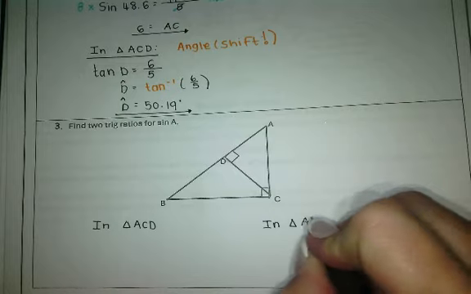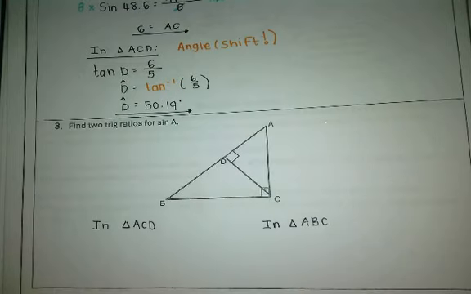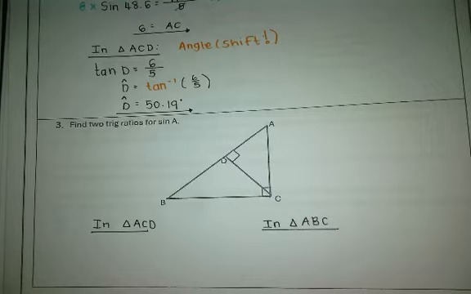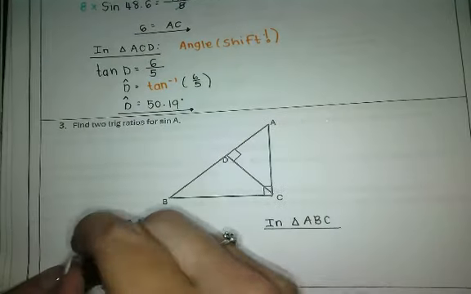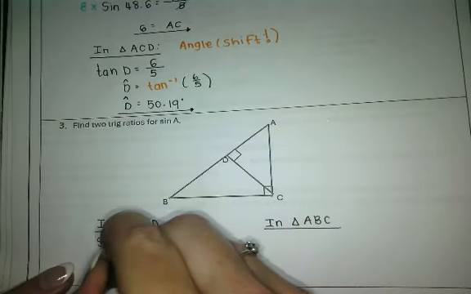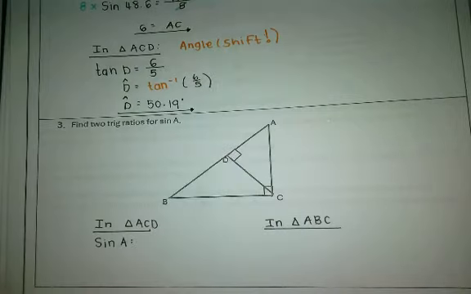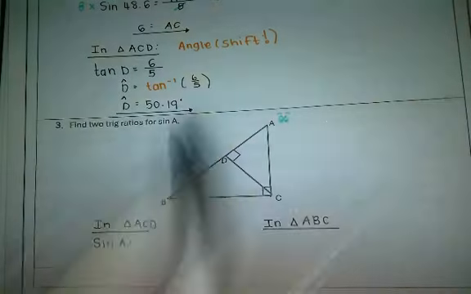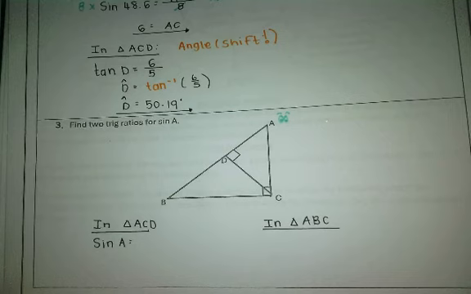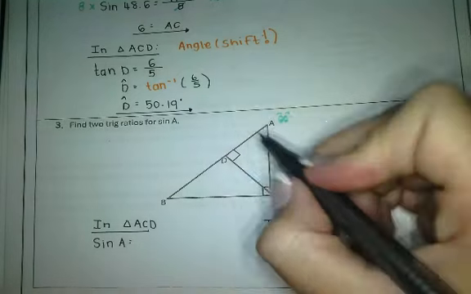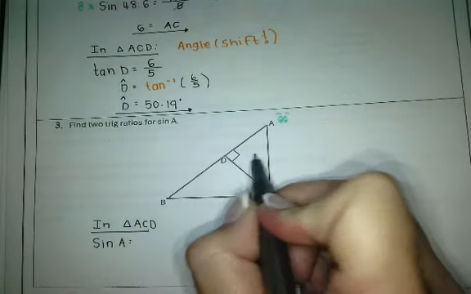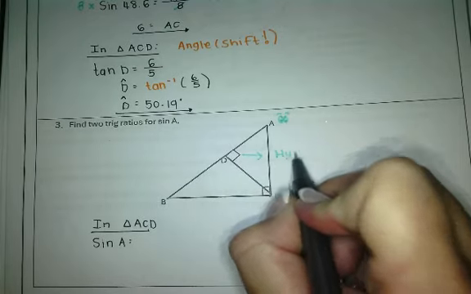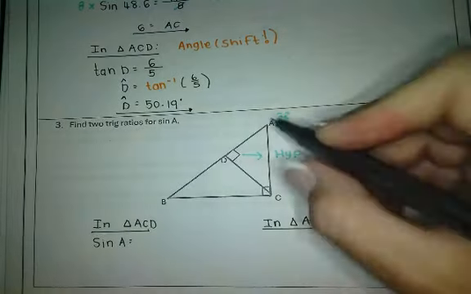So in triangle ACD, we want sin A. We are still looking from here. So let's label our triangle ACD. Opposite the 90 is going to be your hypotenuse.